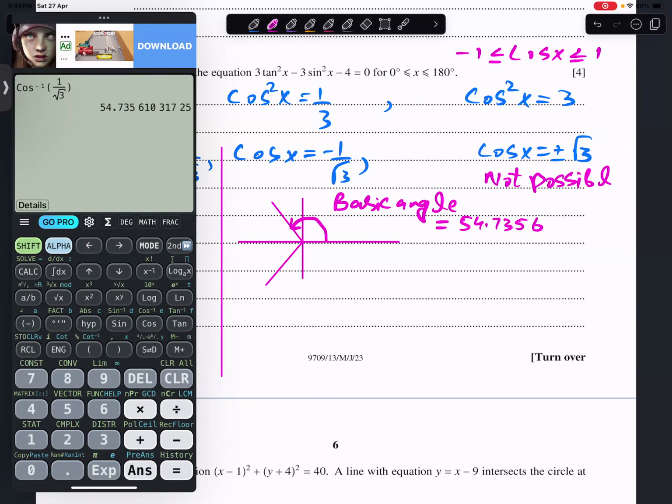These are the two possible answers. The first answer will be 180 minus the basic angle. So that will be 125.3 degrees.